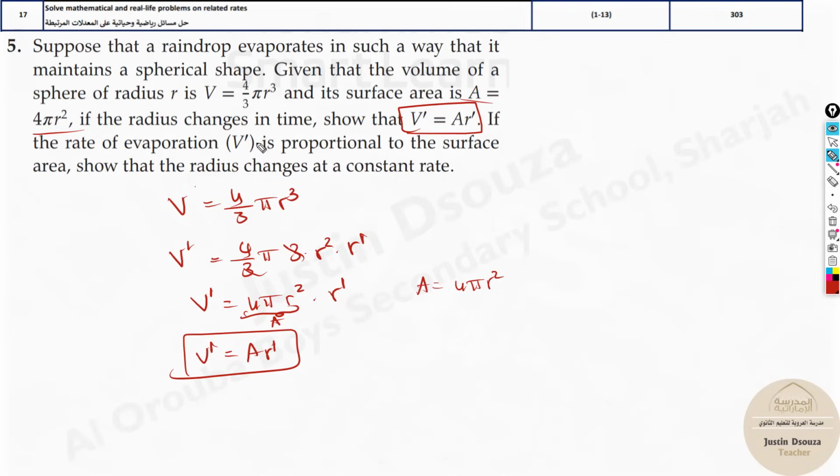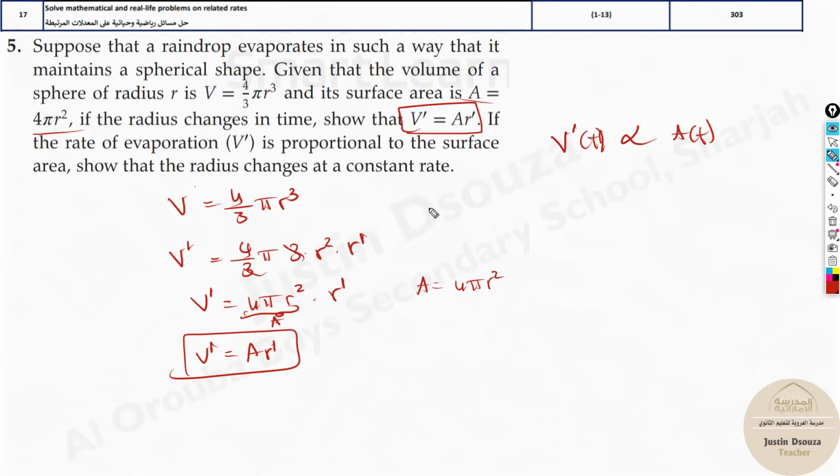Now, if the rate of evaporation V dash is proportional to the surface area, what this means is V dash, with respect to time, is proportional to what? Area with respect to time. Show that the radius changes at a constant rate. Fine.